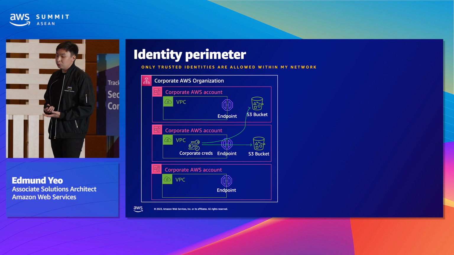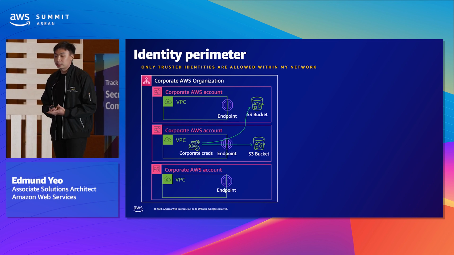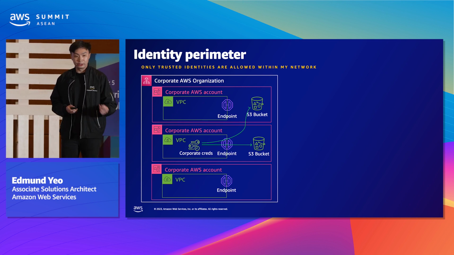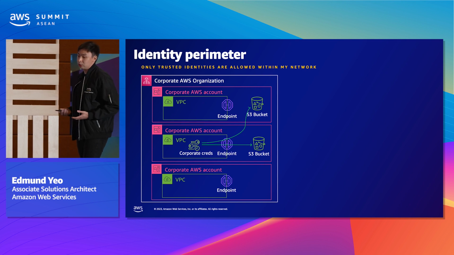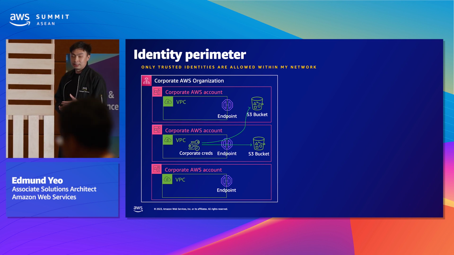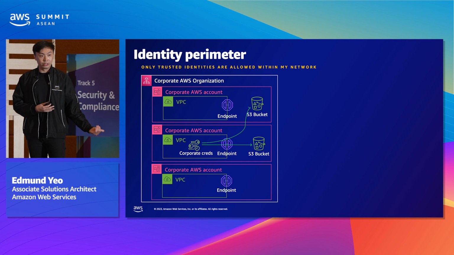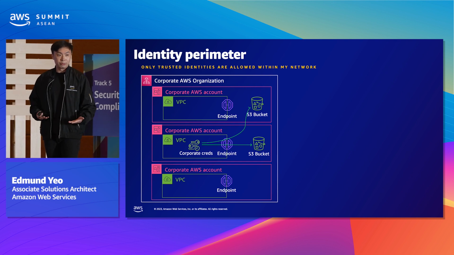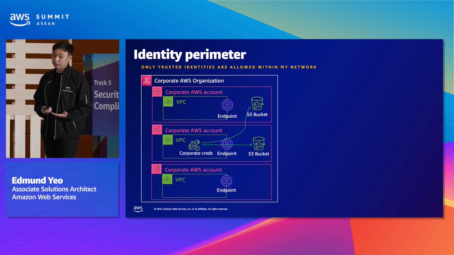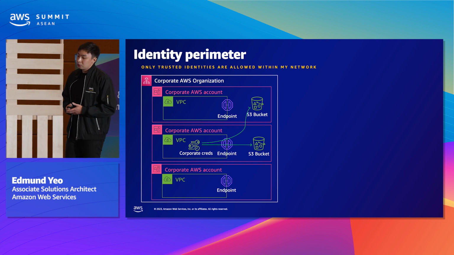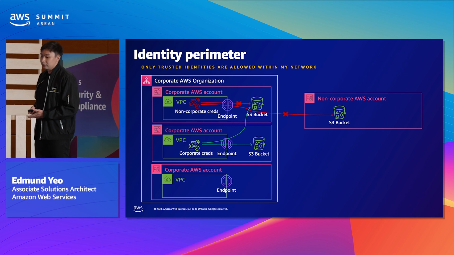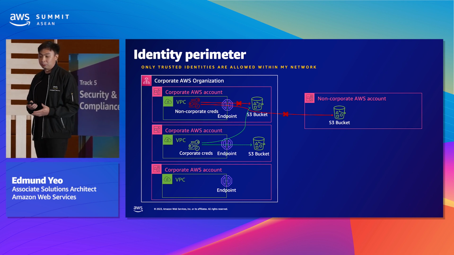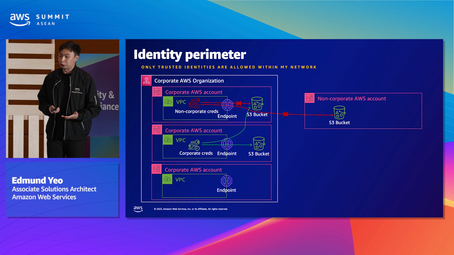So when it comes to the use of your network, your trusted data access pattern is that your corporate credentials are being used from within your network to actually access your resources within your corporate AWS organization. This could be accessing an S3 bucket similar to the previous scenario through your own AWS corporate account or cross-account access. Okay? So what you want to prevent is the presence of non-corporate credentials in your network, because that represents a risk of potential data exfiltration.